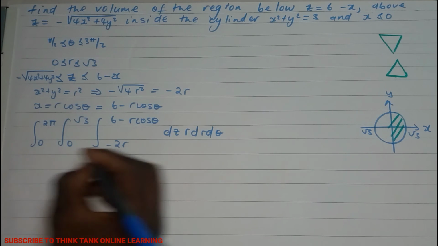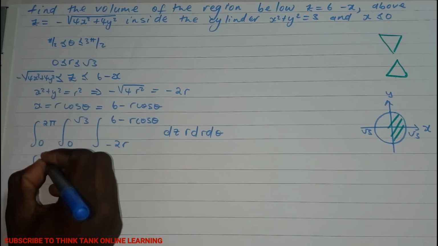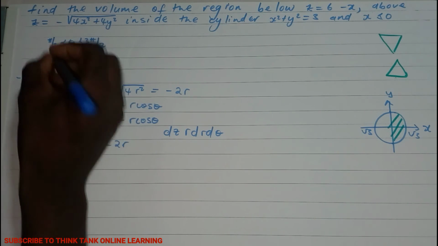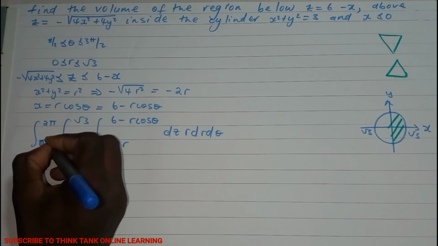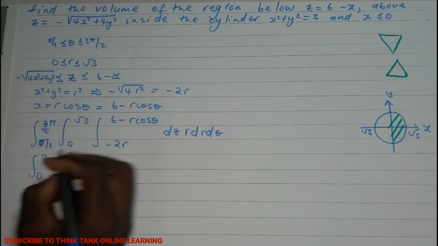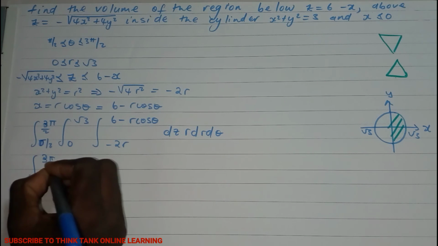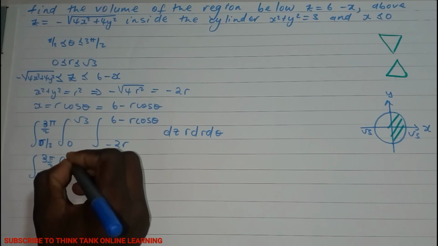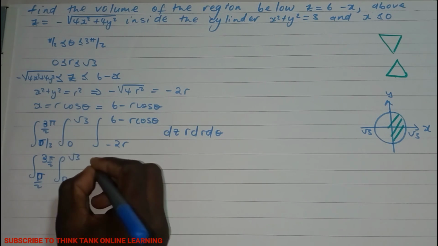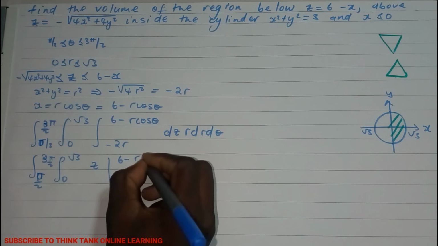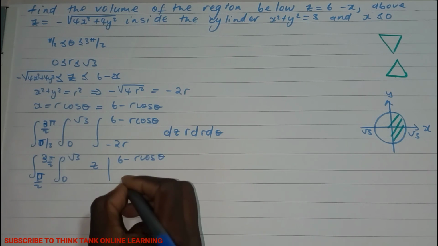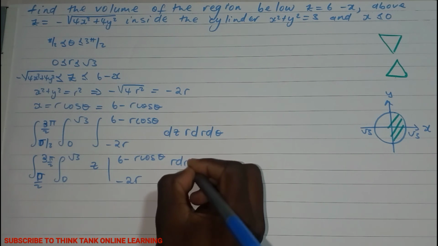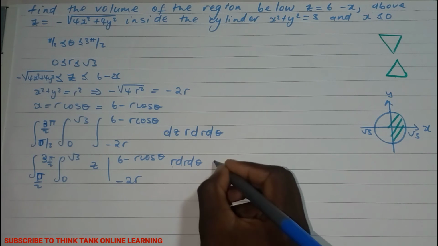If we integrate with respect to z, I'm making a mistake here: instead of writing my limit like that, it's from pi upon 2 to 3 pi upon 2, radius 0 to root 3. So I'm going to have z from negative 2r to 6 minus r cos theta, times r dr d theta. Don't forget this r.